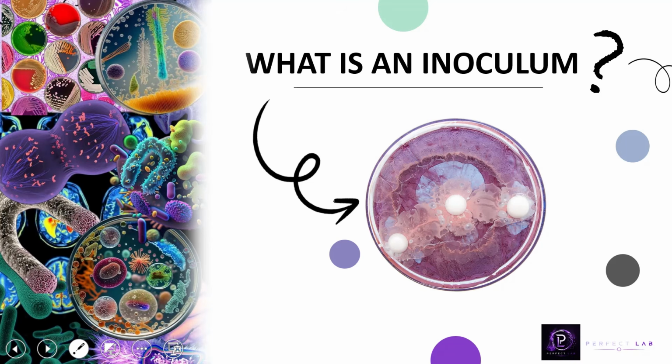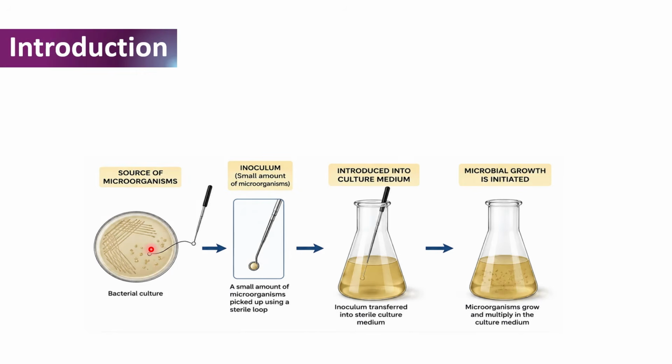So let's get started. Before we look at what an inoculum is, I just want us to study this picture over here. The first picture is our source of microorganisms. In this case, we have a bacteria culture, but we can also have a fungi culture or a yeast culture. For this pictorial explanation we are using a bacteria culture.